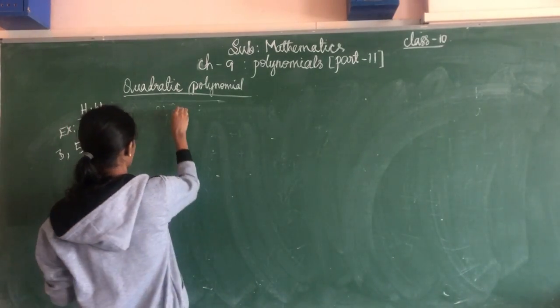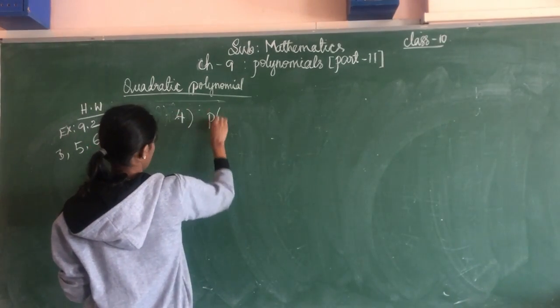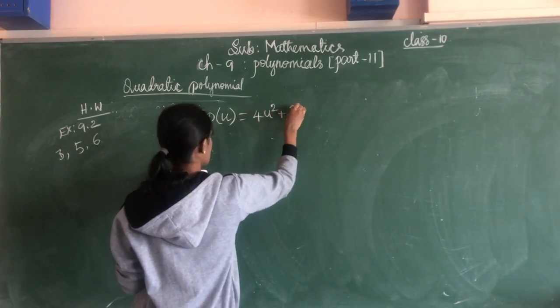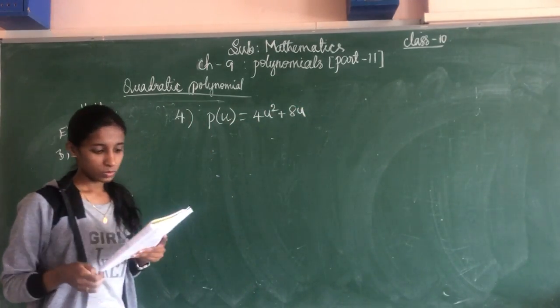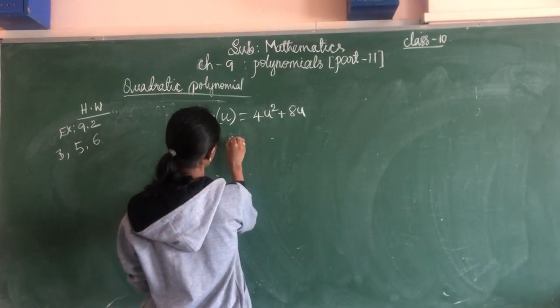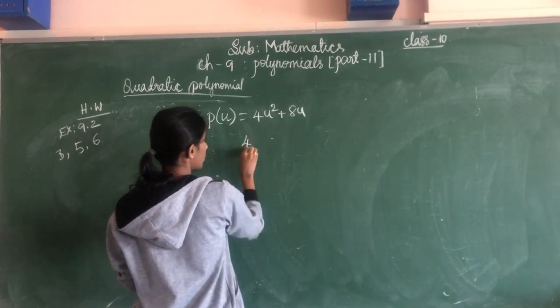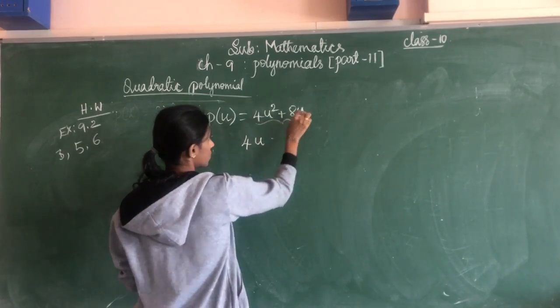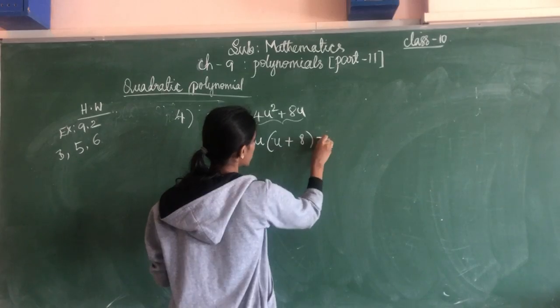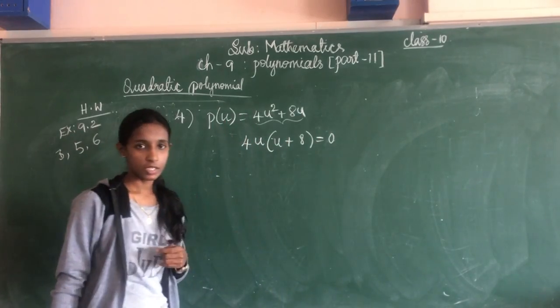Okay. Fourth one. Here p of u is equal to 4u square plus 8u. Okay. How will you find? If I take 4u as common from these two, it is u plus 8 is equal to 0.